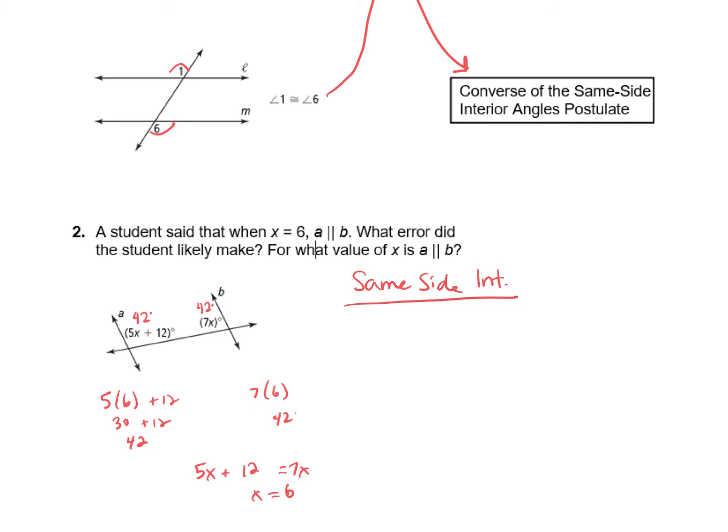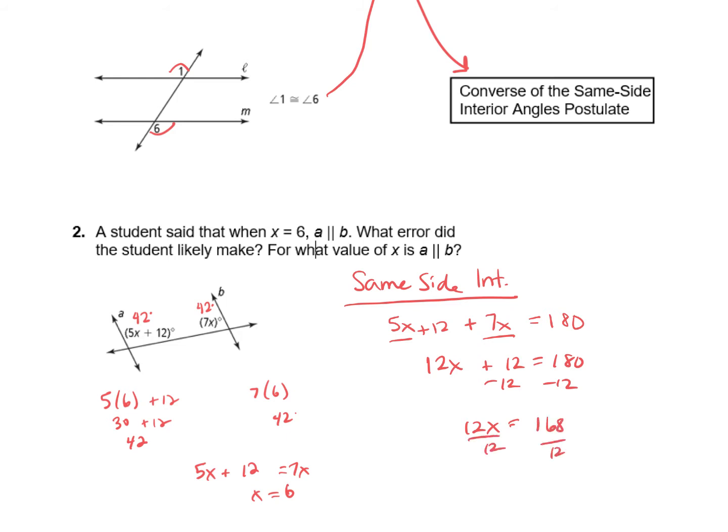So what that student should have done is taken 5x plus 12 plus the other angle 7x and set it equal to 180. So we can go ahead and do this math. Combine your like terms. 5x plus 7x is 12x. Plus 12 equals 180. Let's subtract that 12. So we have 12x equals 180 minus 12 is 168.